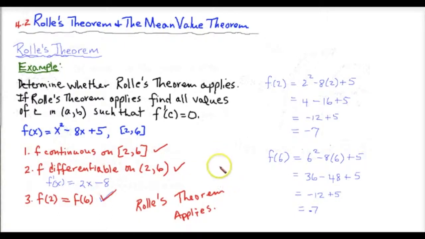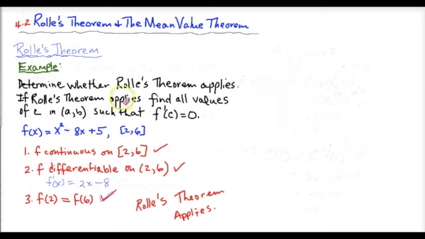So our next task is to find all of the values of C. I'm going to rewrite the derivative in terms of C. So this is going to be f prime of C is equal to 2C minus 8. And we want to solve that where it's equal to 0. So 2C minus 8 equals 0.